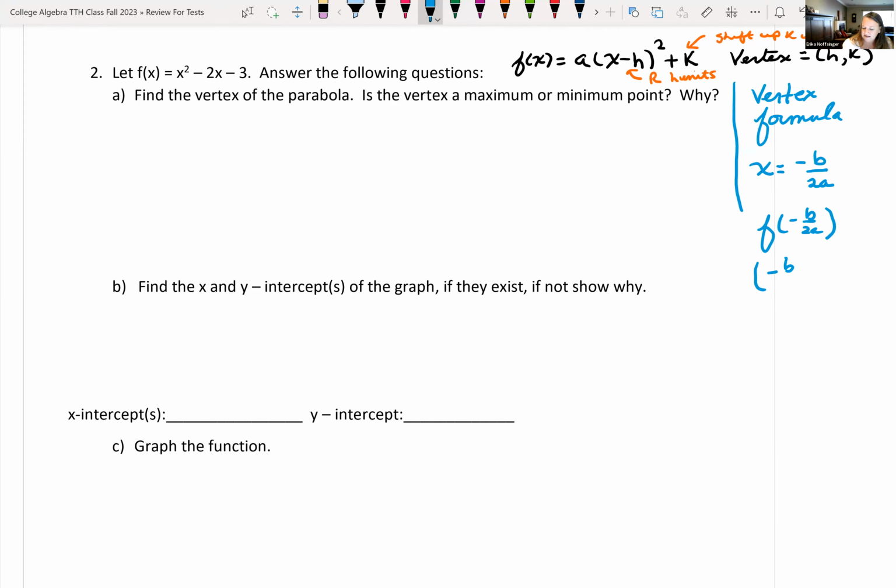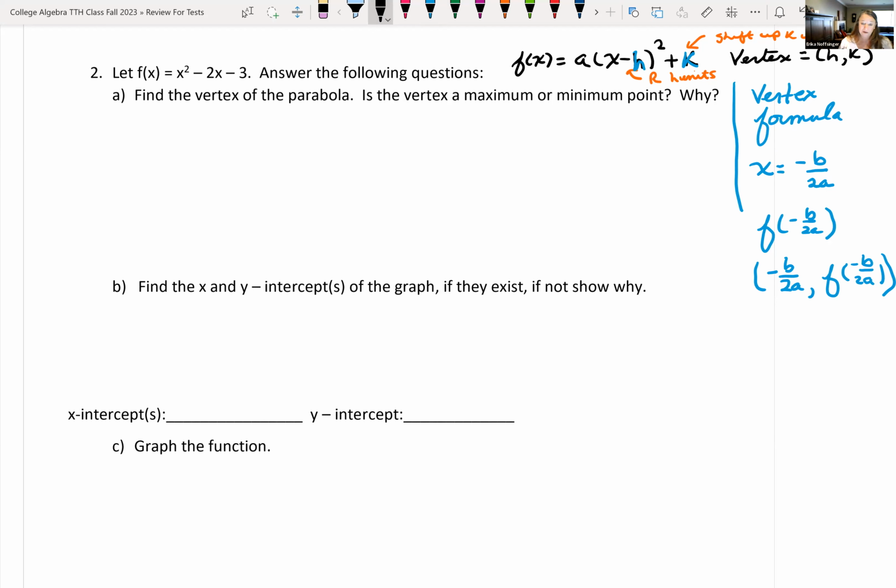So the vertex is at the point negative b over 2a, comma, f of negative b over 2a. So either way, you can find the vertex. Sometimes I ask you to put it in vertex form, and so we could go backwards, find the vertex, the point, and then plug it in for h and k up here, and we would have it. Okay, so that being said, let's go through and find the vertex.